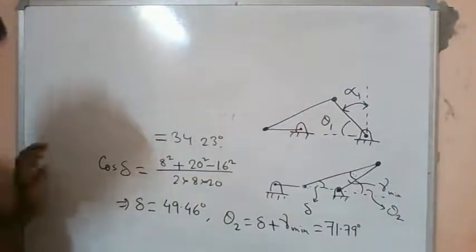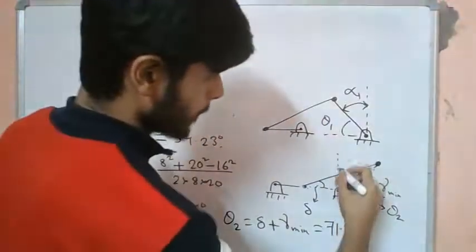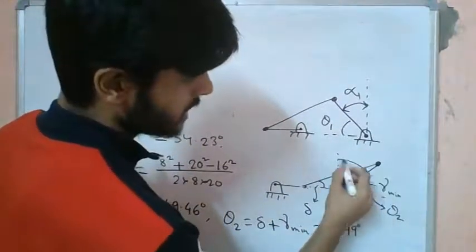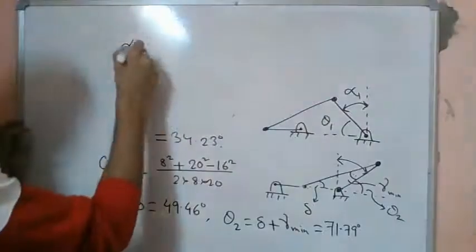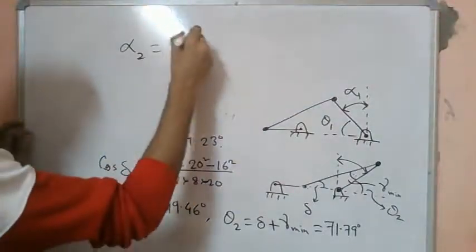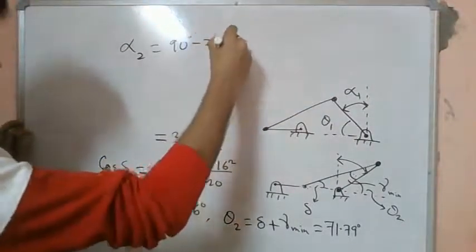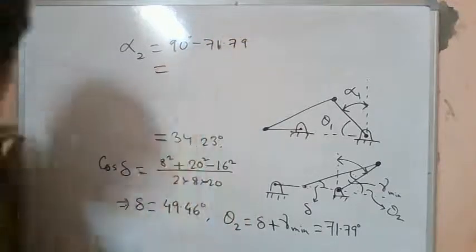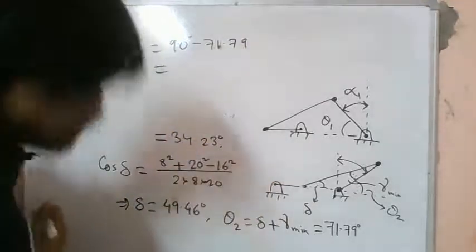So from vertical, if this angle is 71.79, how much will this angle be from vertical? 90 degrees minus this. So alpha 2 is equal to 90 degrees minus 71.79, which is equal to 18.21.